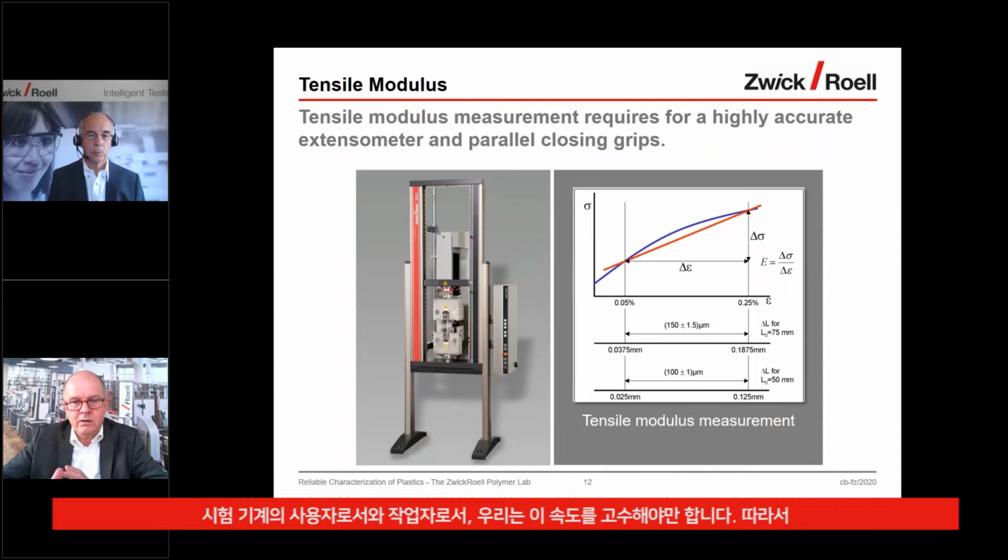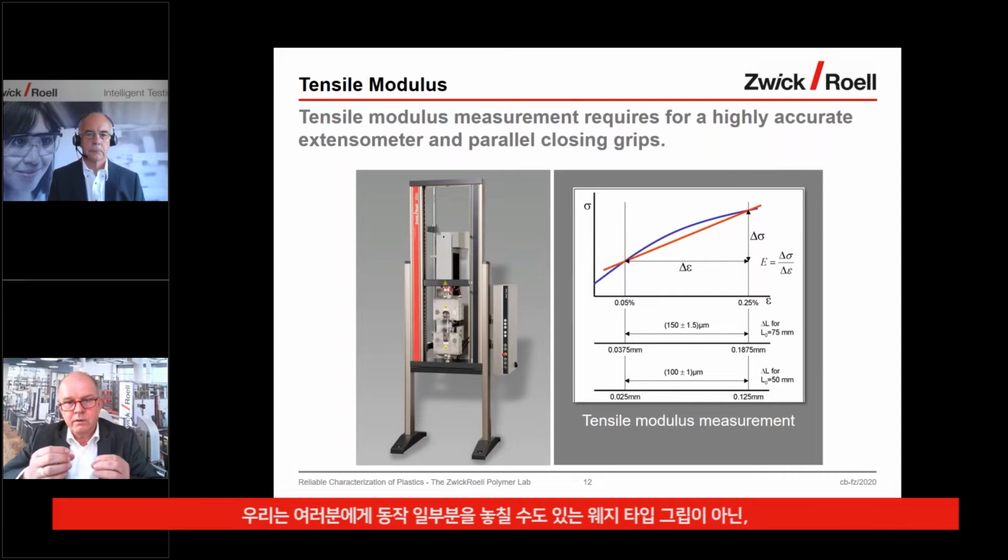So as an operator, as a user of a testing machine, we have to make sure that we really pull with this speed, and therefore we strongly recommend the use of parallel closing grips, so not to use wedge type grips where you lose a certain part of the movement. Parallel closing grips such as pneumatic is really highly recommended here.